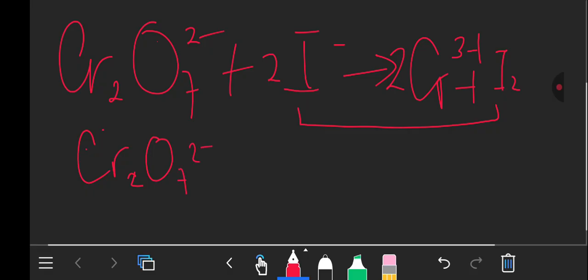We're going to have Cr2O7 2-, undergoing what is known as reduction to produce 2Cr3+. Okay, so we have that.